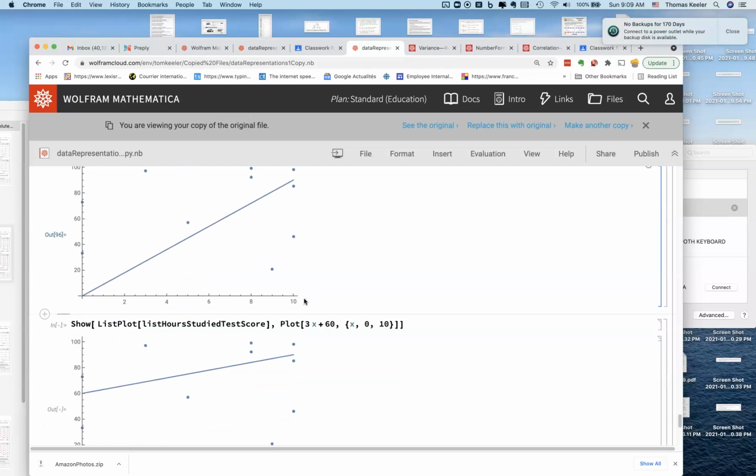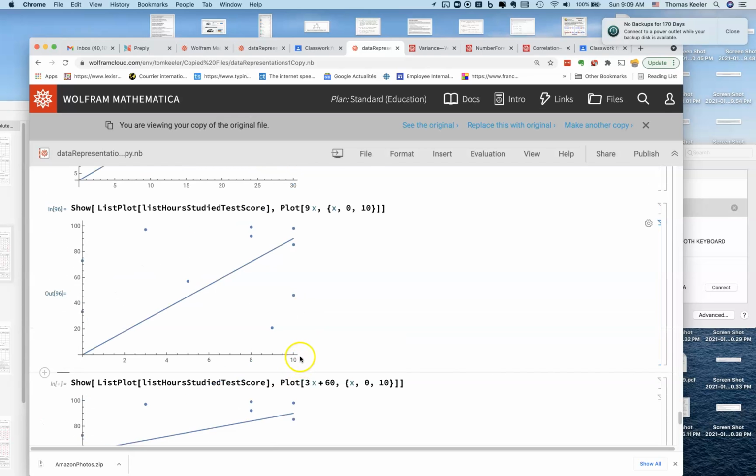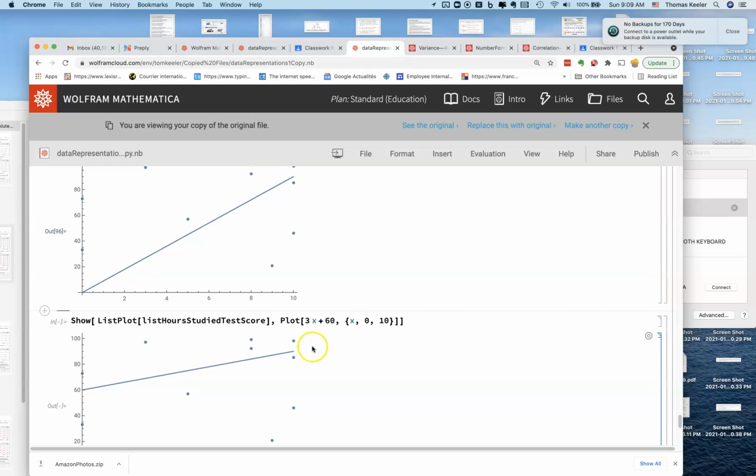And then you might say, well, actually, maybe instead of being a direct relation, maybe there's a constant that we add in. And so now you see that we say, oh, maybe there's this base score of 60. Okay, so think in terms of how much you studied. Well, maybe even if you don't study, you get a 60. And then based on the hours of study, you add to your score.